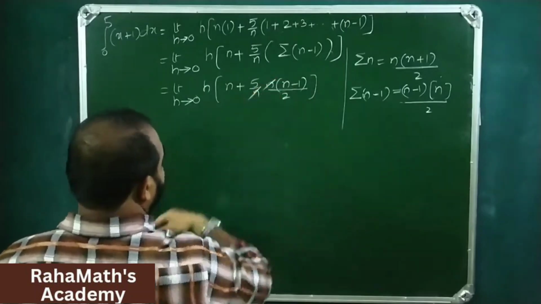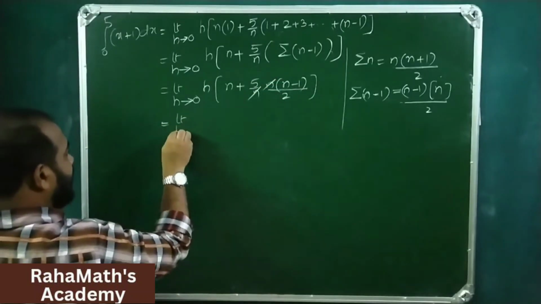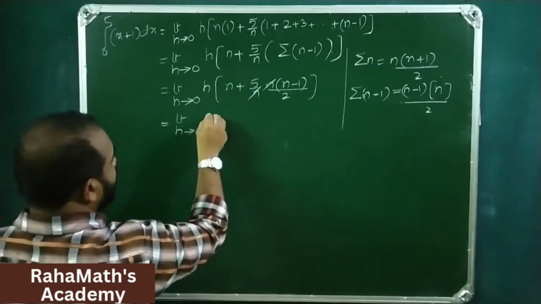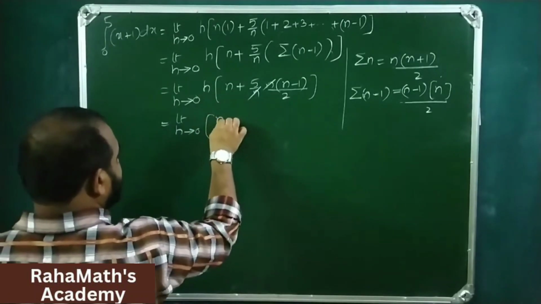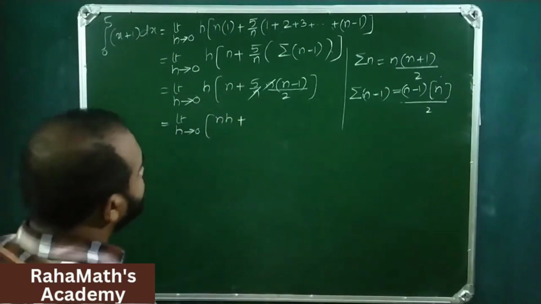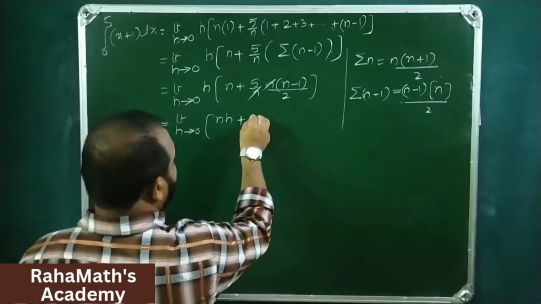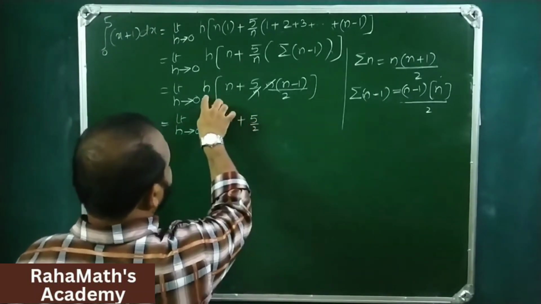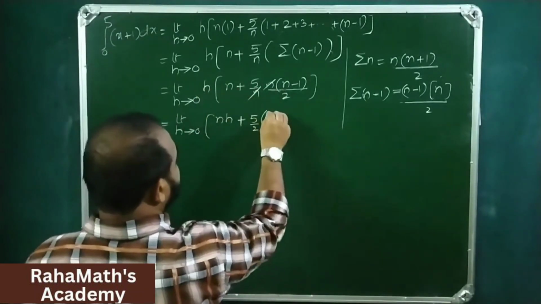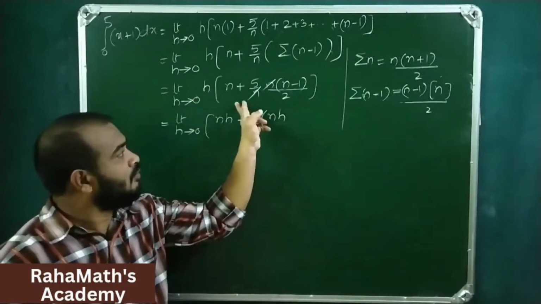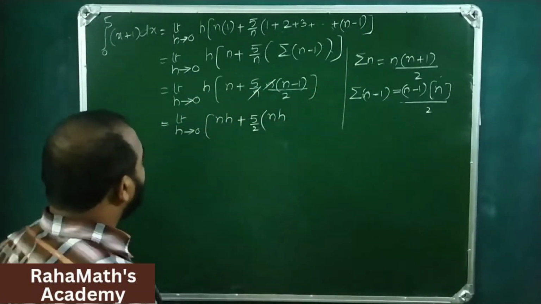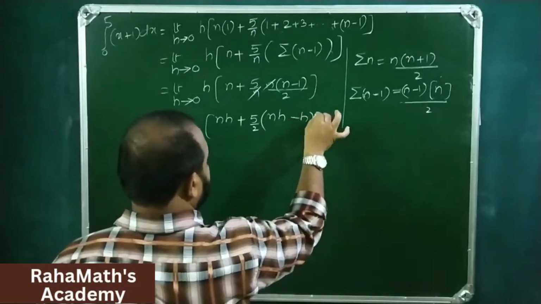So this n gets cancelled. Limit h tends to 0, so this is n into h plus 5 by 2 into n h, because I am multiplying h with both the terms inside, minus h.